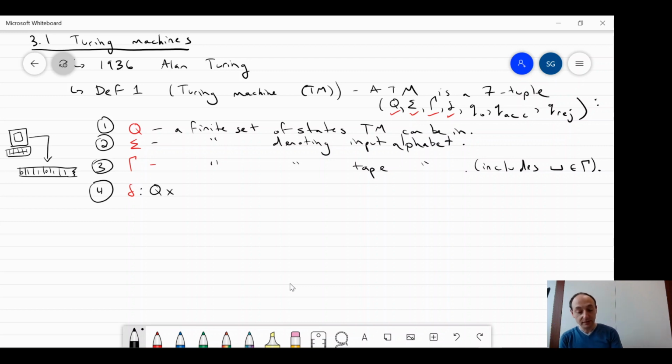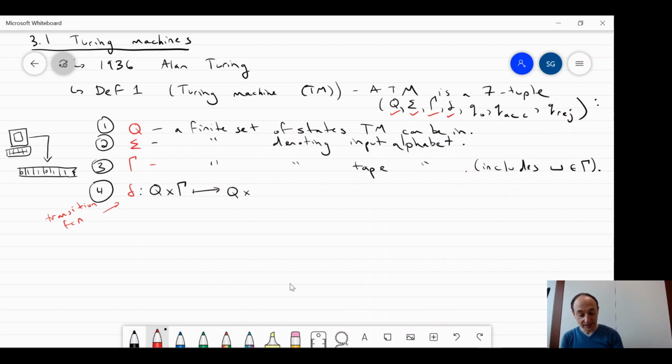So depending on the state, and the symbol we read from the tape alphabet, it's going to decide what to do next. Of course, it can possibly go to a new state, so there'll be 3 things this function outputs. This is called the transition function. Of course, it will output a new state.